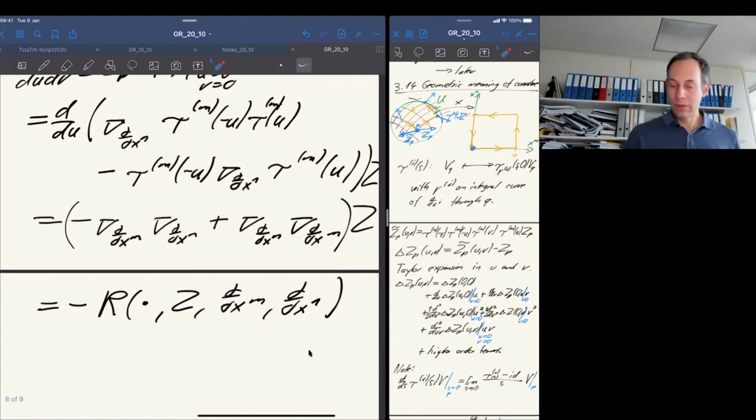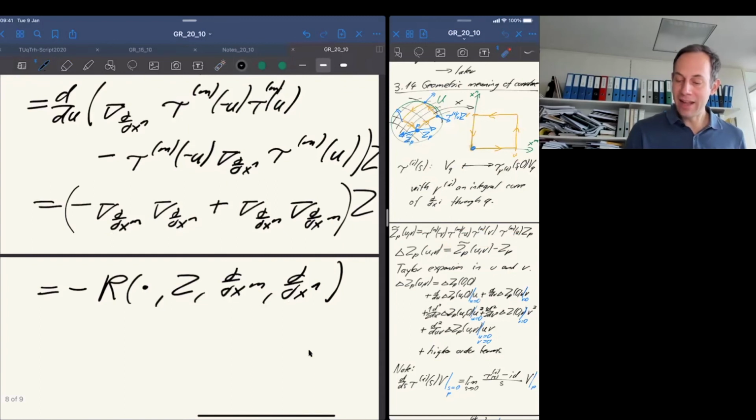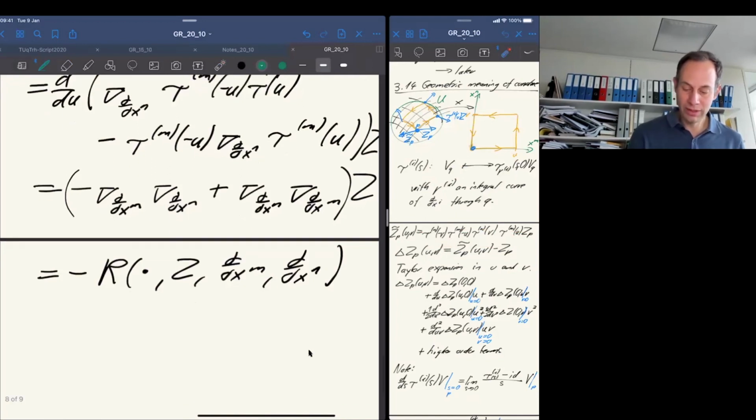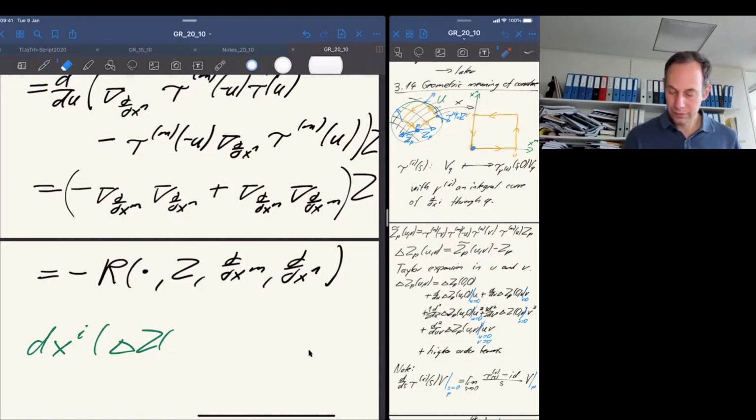Okay, just for those who are still here, it may have been unclear why I put here this dot. So let me maybe explain that. I could just apply dx i to this whole thing, to delta z u v, and then this extracts the i-th component.